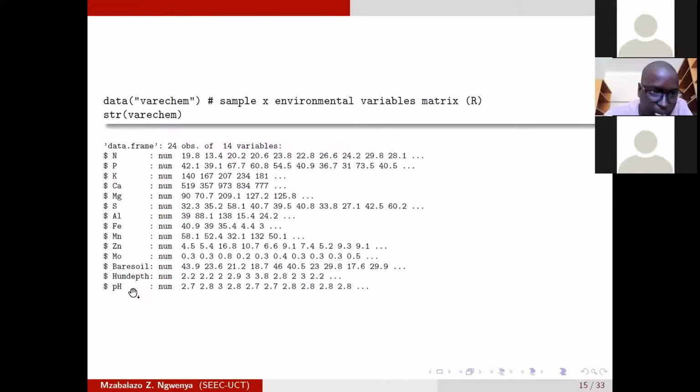Most of them are chemical properties, so minerals. Bare soil is just the percentage bare soil. Humus depth is basically the depth of the humus at each site. Then pH just relates to how alkaline or acidic the soil is at that site.